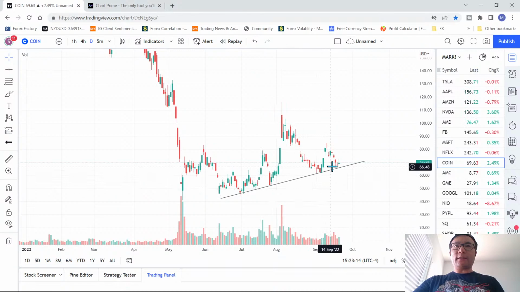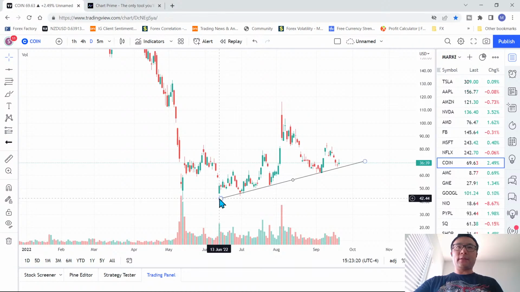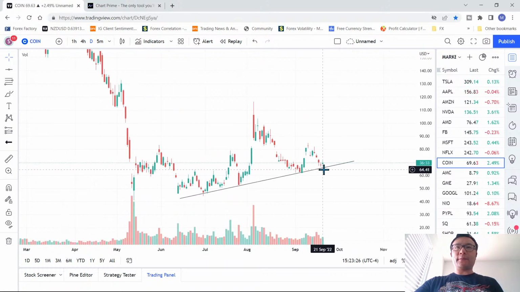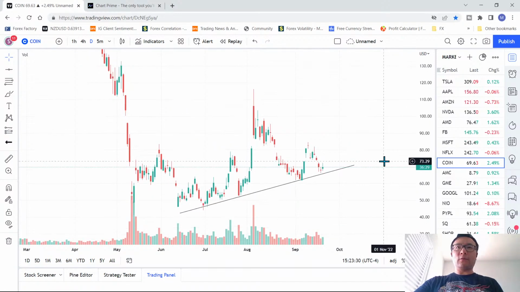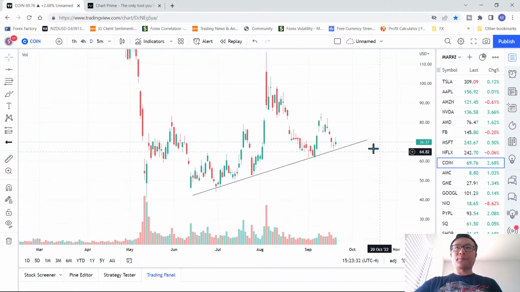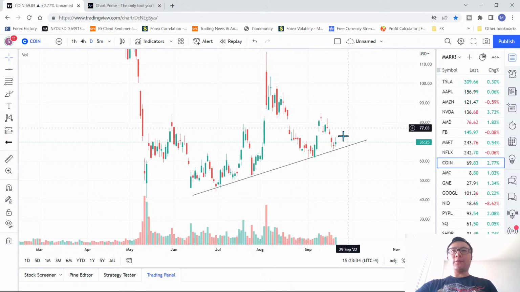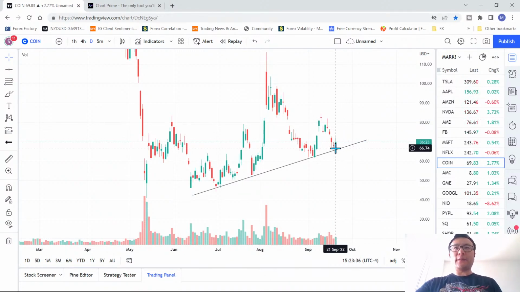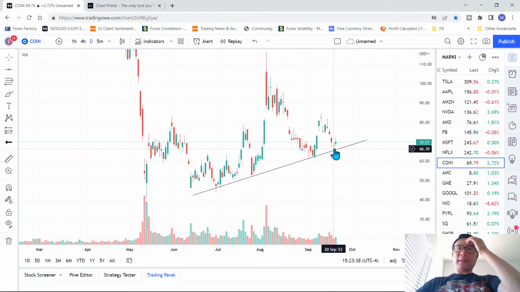Now there is a support right here along this trend line. It's not bad because you see higher lows, higher lows, higher lows, and it's reaching basically a low right here. So depending on what crypto does, it might have a chance to go higher at this level. So I might come back to this.